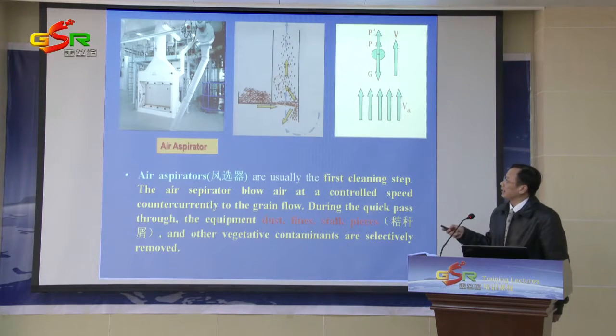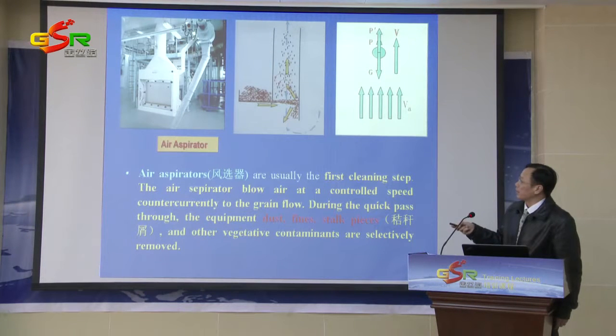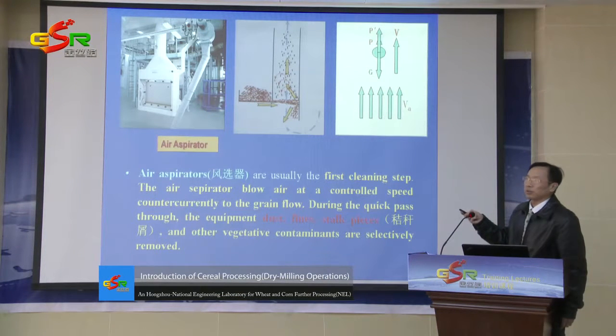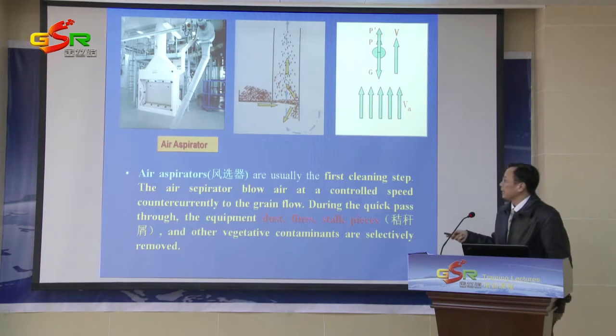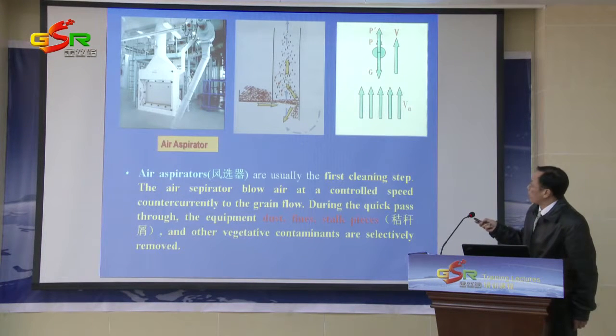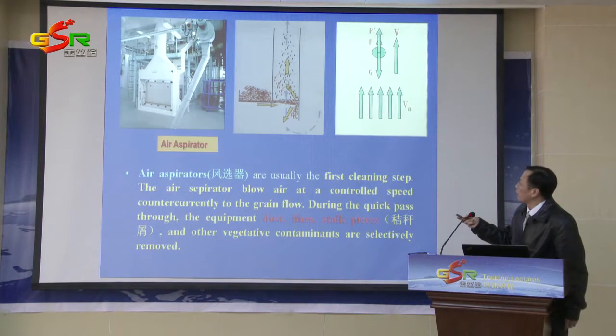And this is the air aspirator. Air aspirators are usually the first cleaning step in the cereal cleaning processing. The air separator blows the air at a constant speed, from the top to the bottom, and the air flows from bottom to the top.